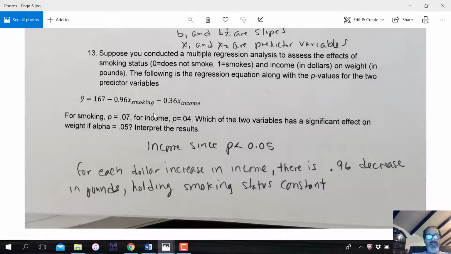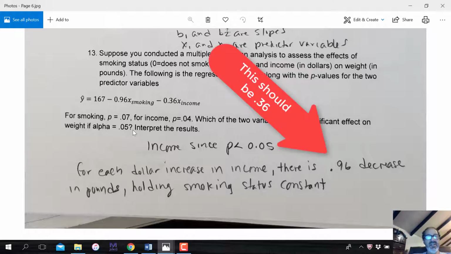Okay, so 0.07 for smoking, 0.04 for income. Which of the two variables has a significant effect on weight if alpha is 0.05? So alpha is the probability of a false positive result, rejecting the null hypothesis when we shouldn't have rejected it.